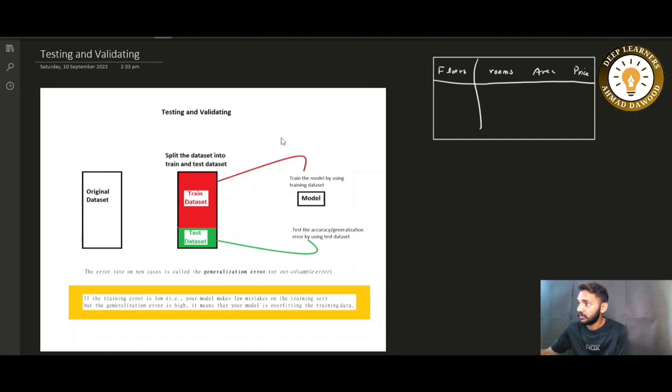This was our data set. Now we have to train our model, and after training the model, we have to deploy it into production, into our site or our application.